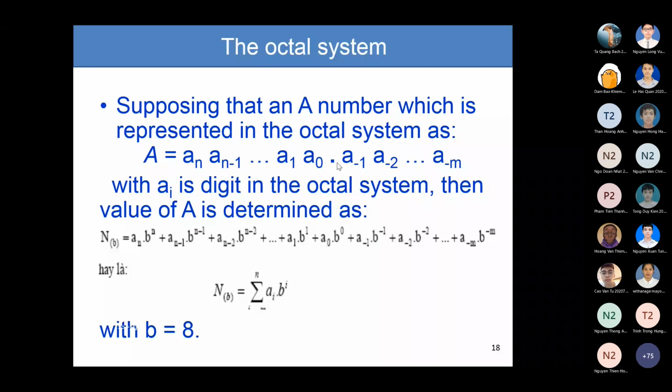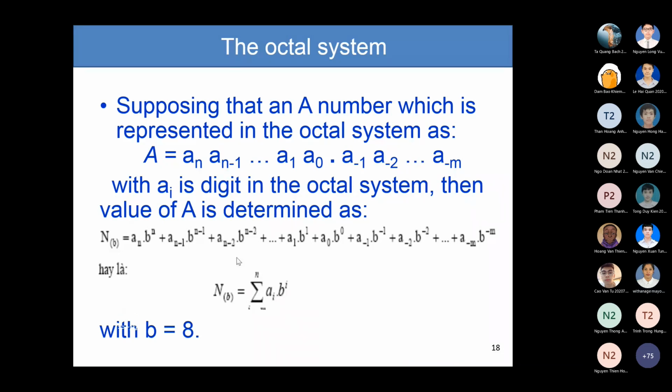And we know that when we index the integer part, we index from 0 and from right to left. And for the fraction part, we index from minus 1 to minus m, from left to right. Okay, so given this number A, we can determine the value of A using this formula.